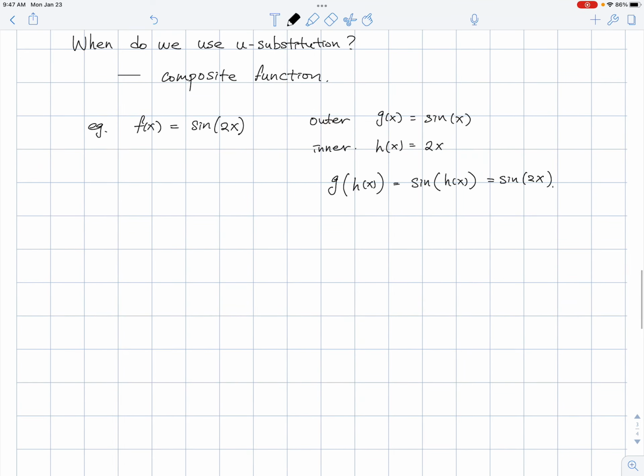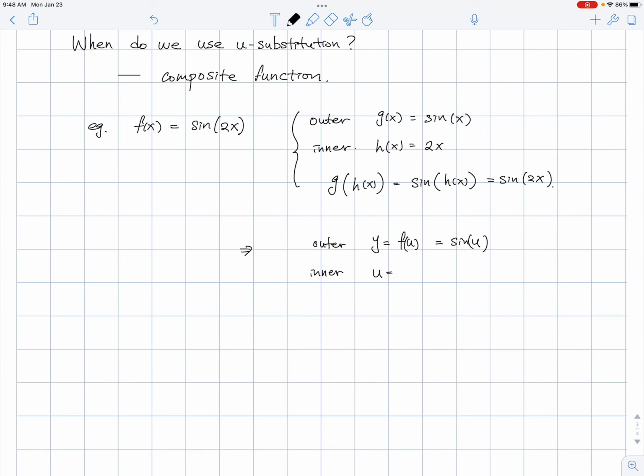All right, but we can write this in a more organized way. You can say y equals f of u, which is sine of u.